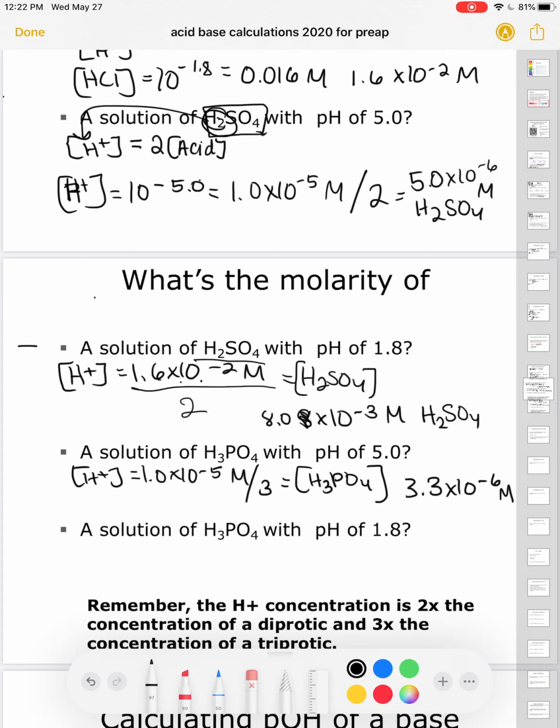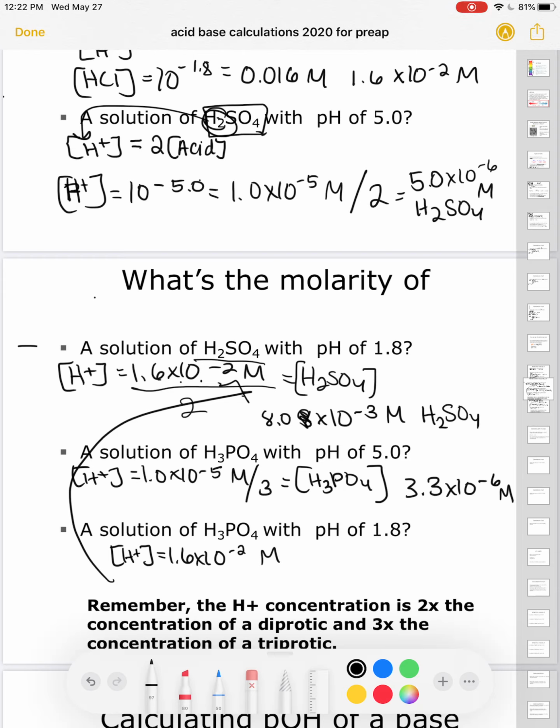Okay? All right. And now we have this pH 1.8 again. Anything with a pH of 1.8, we see up here, it's 1.6. So the H plus concentration is 1.6 times 10 to the negative 2 molar.